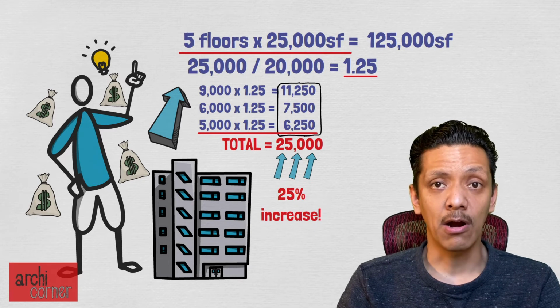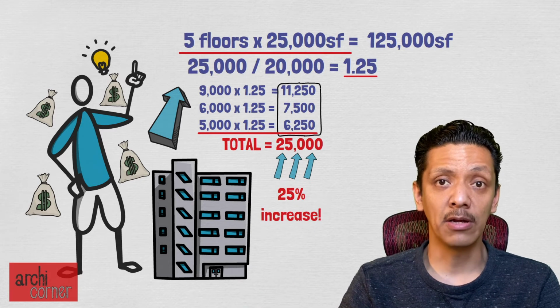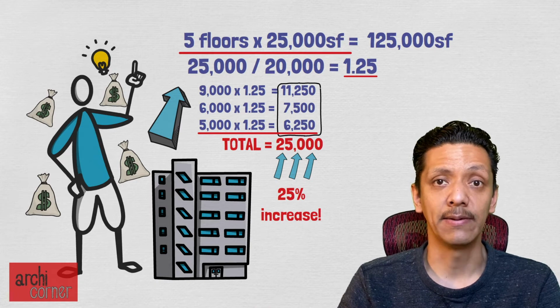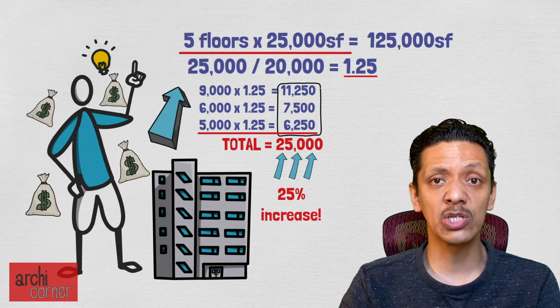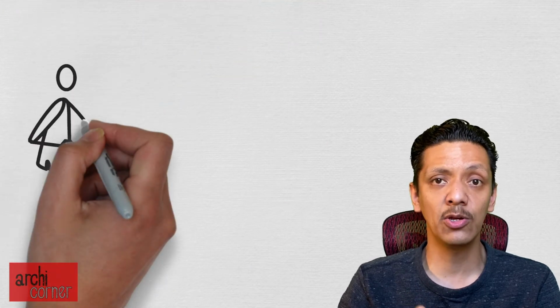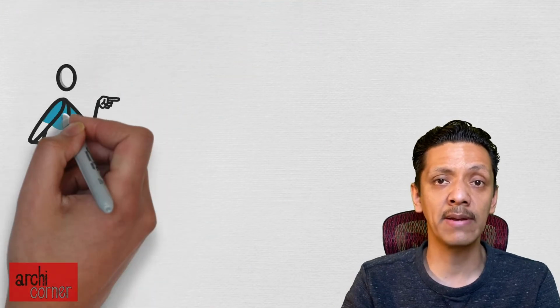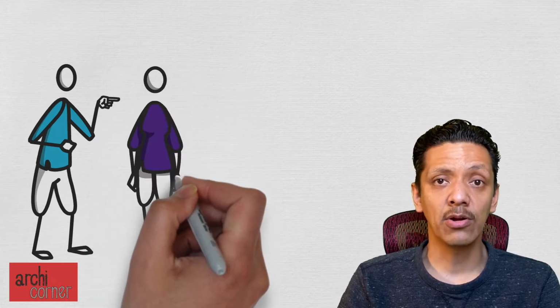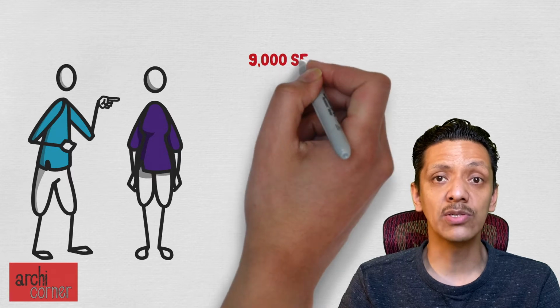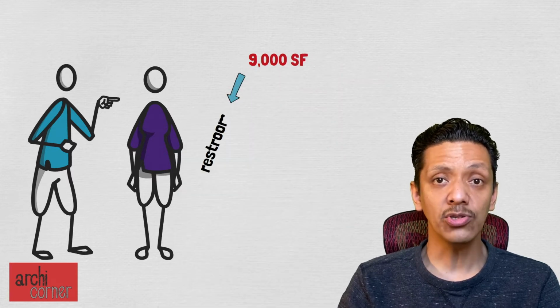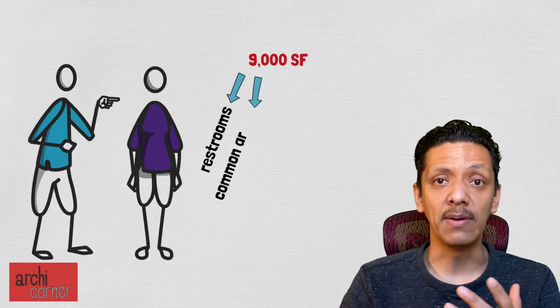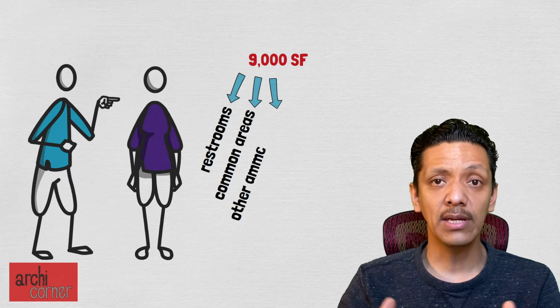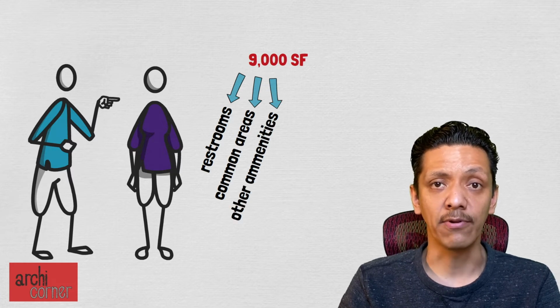So now comes the hard part. He has to go tell Miriam, Kathy, and Lily what has happened. Now he's going to have these conversations with all 3 of them separately. But for the sake of this example, let's continue with Miriam. He goes up to Miriam and has the following conversation. He says, Miriam, I understand that your office space is only 9,000 square feet. But you're also going to be using the restrooms, the common areas, and the other building amenities that the building has to offer.